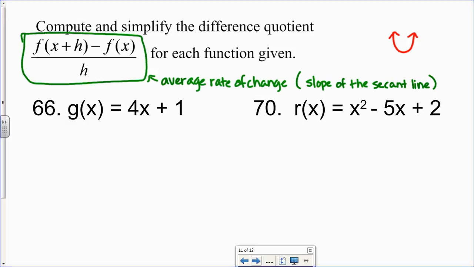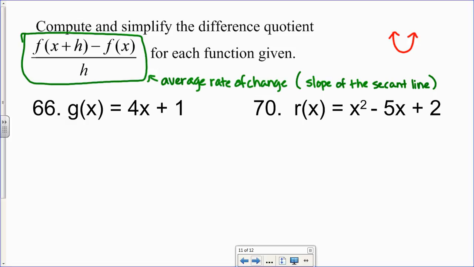The slope on the right is positive, it's increasing. Also, there are parts where it might be decreasing faster, at a steeper rate than other parts of that graph. So the difference quotient gives us a formula to find the rate of change anywhere on the graph.